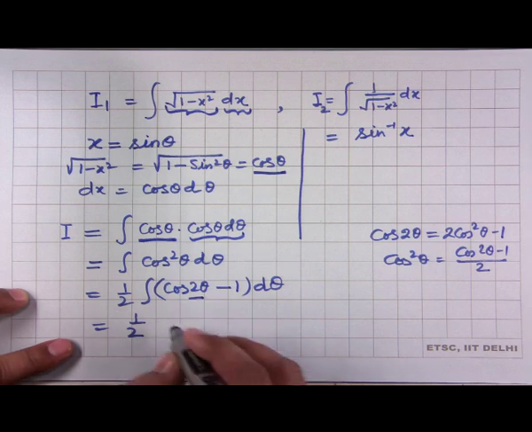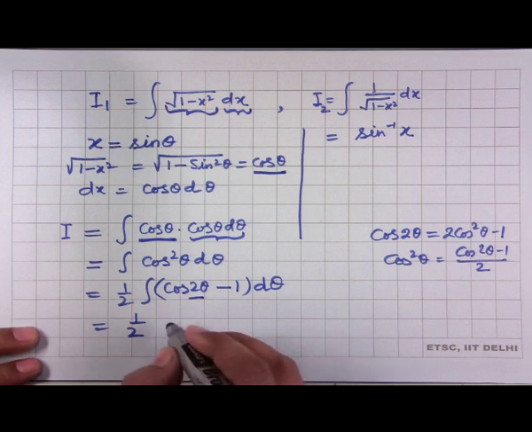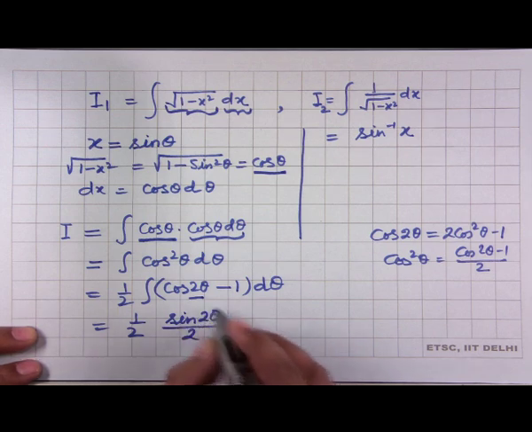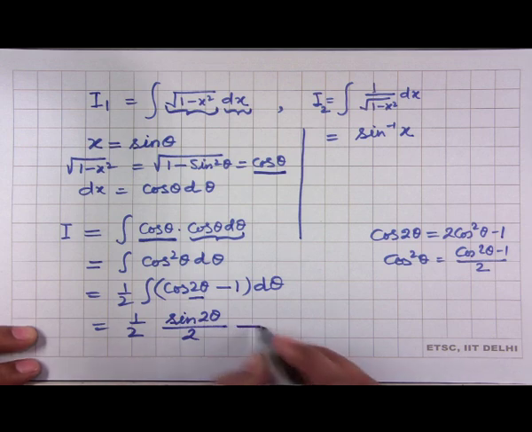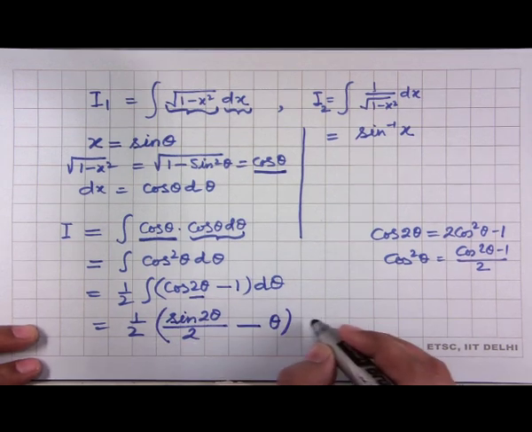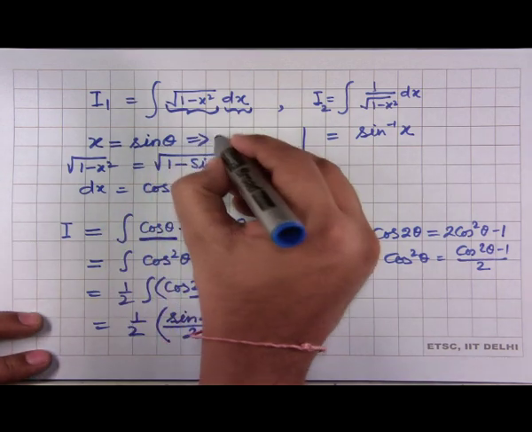So, integration of cosine 2 theta I know is sin 2 theta divided by 2, the differential of this factor, plus integration of 1, which I will get as theta. But what is theta? I can solve it from here.